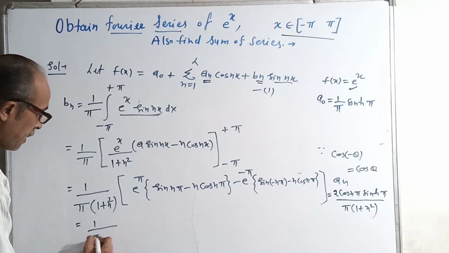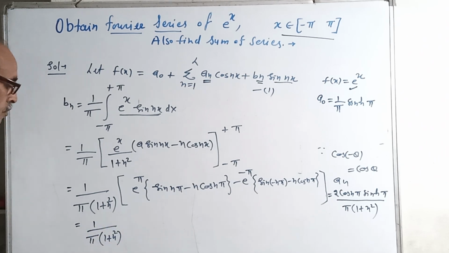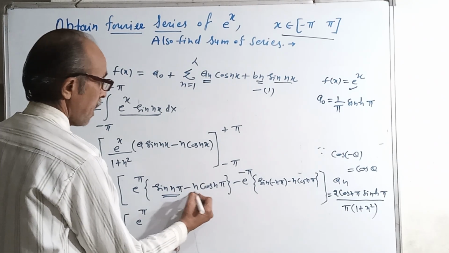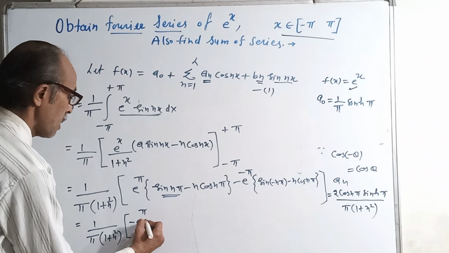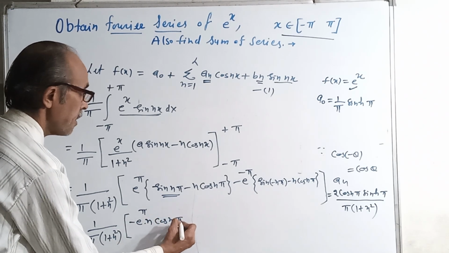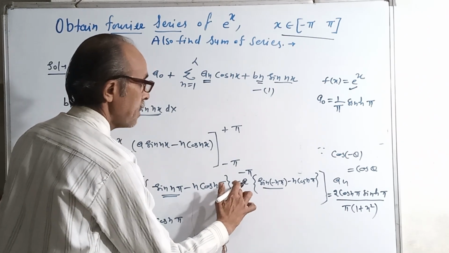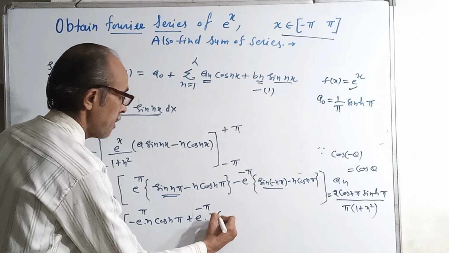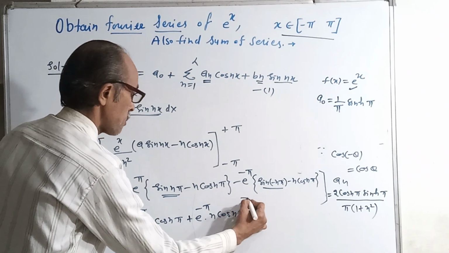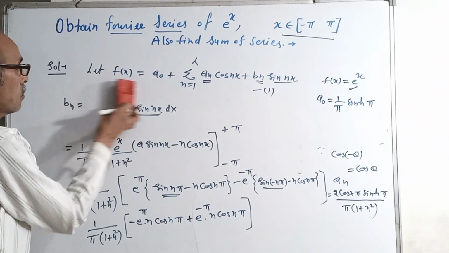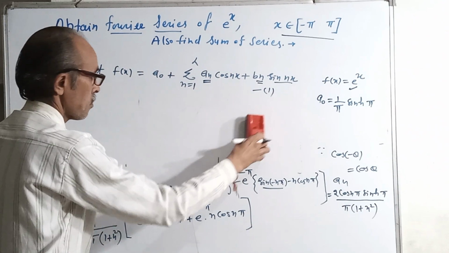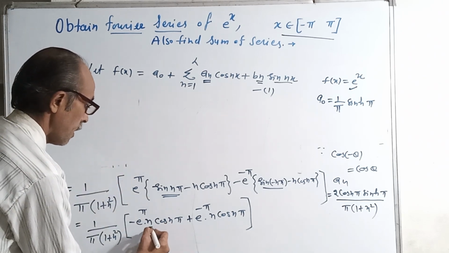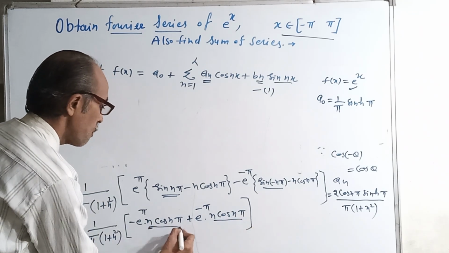Now bn is equal to 1 upon pi times (1 plus n squared) times e^pi, sin(n pi) is 0, that means minus n cos(n pi), and this value also 0, and minus and minus multiply, then plus e^(-pi) multiplied by n cos(n pi).